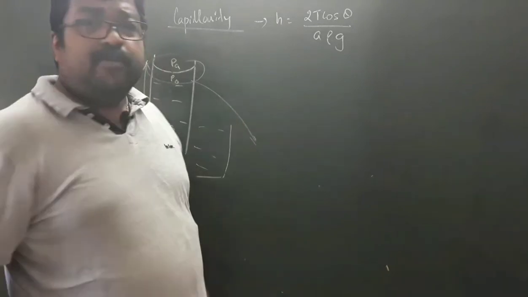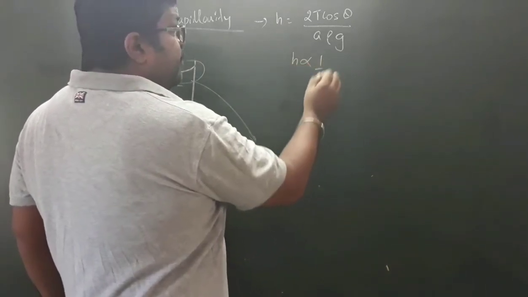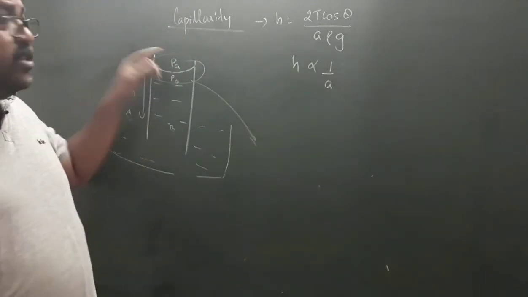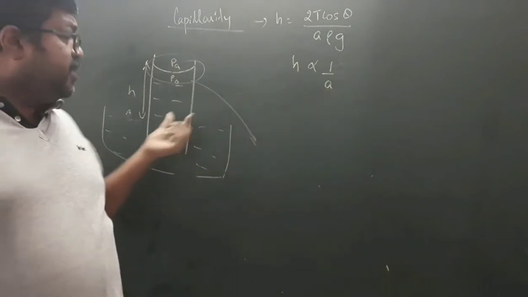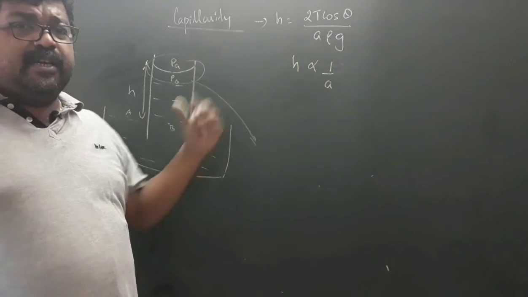From this Jurin's law we have the observation that H of liquid inside a capillary tube is inversely proportional to the radius of the tube. That means smaller the radius, greater the height.